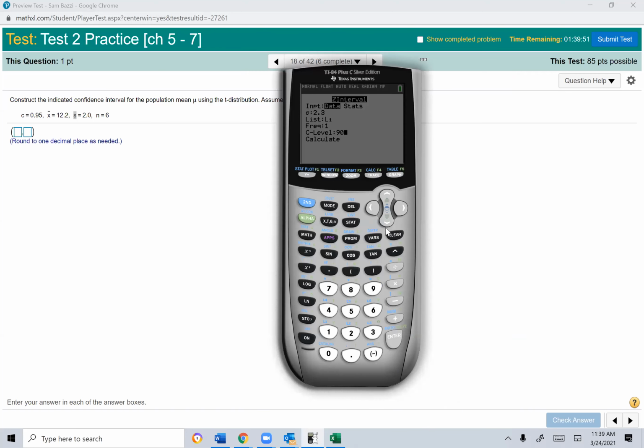Very straightforward, guys. Watch. Stat. T interval, not T test. T test comes in chapter 7. Okay, stats. We don't have the data, so x bar, guys, is 12.2.